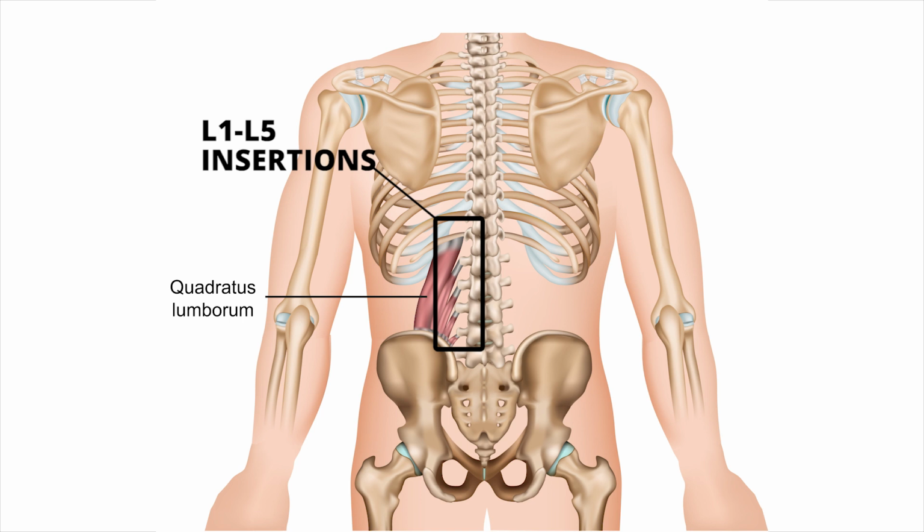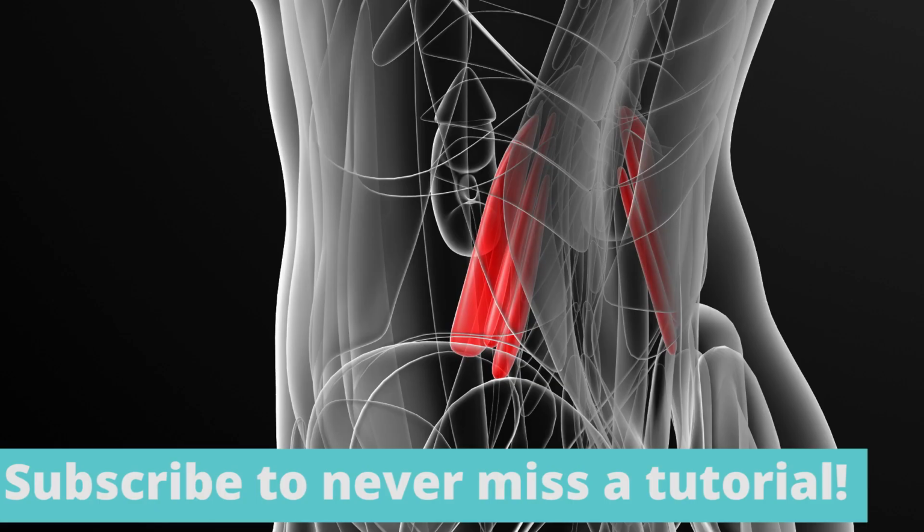So this muscle inserts into the spine. Any tightness and overactivity of this muscle will result in lower back pain as well as hip pain. I'll show you in a bit how to release it. Make sure that you also work on avoiding getting this muscle tight in the first place.